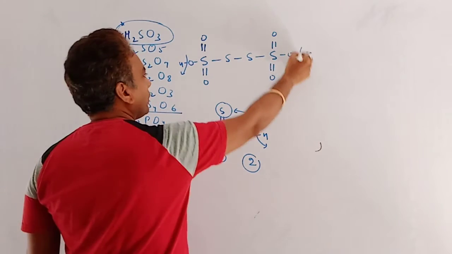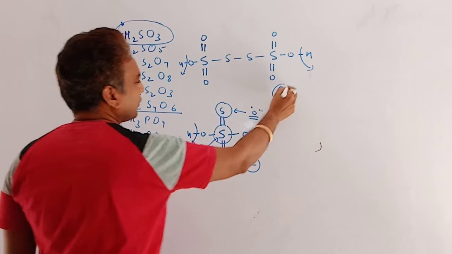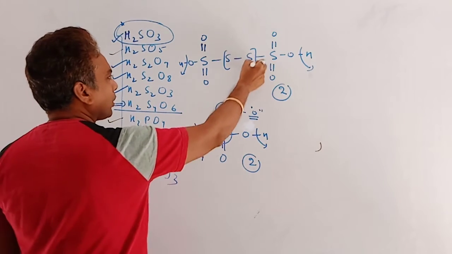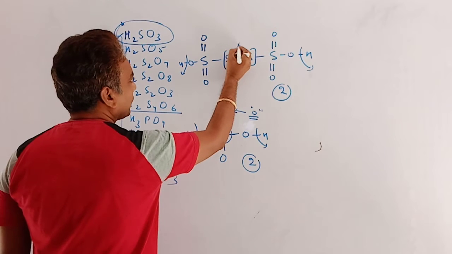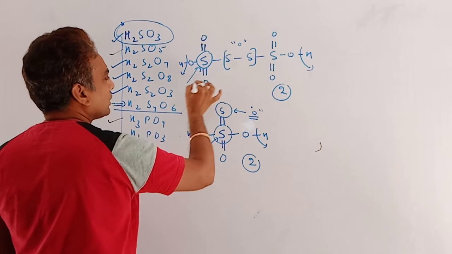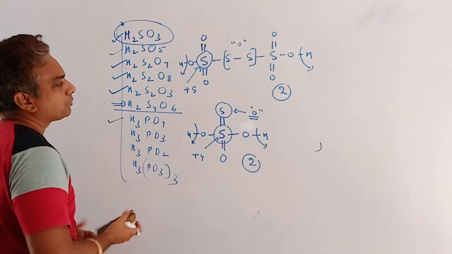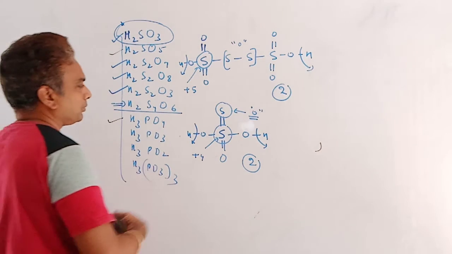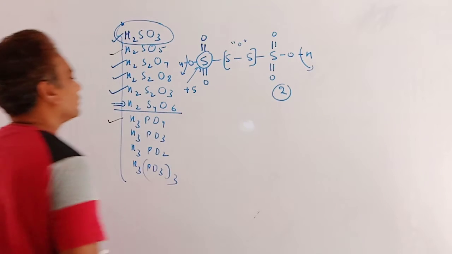In this molecule we have 2. Basicity of this molecule is 2, and these are per-thioxy sulfurs, in which the oxidation state of each sulfur is 0, and the oxidation state of the terminal sulfurs is +5. Clear?